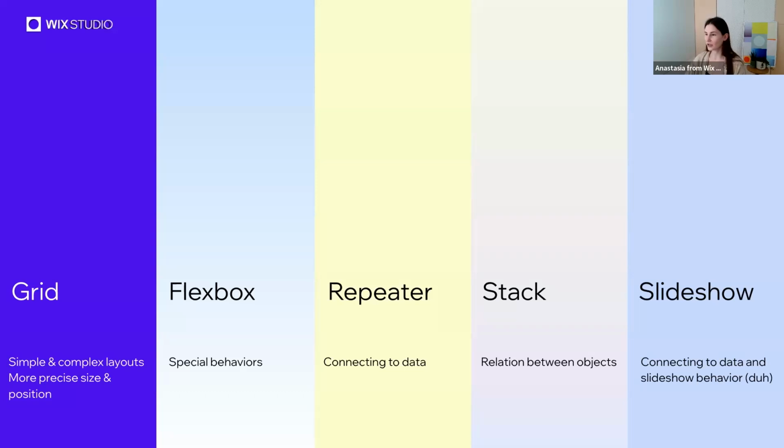What special behaviors you can achieve with Flexbox. That repeaters and slideshows are perfect if you want to create some dynamic content in your site and you want to build one of the items just once, and the rest of the items will take the same layout from the first one. And how stack can help you manage gaps between elements really easily.